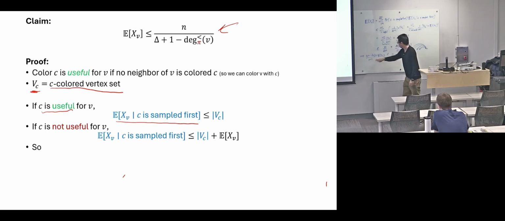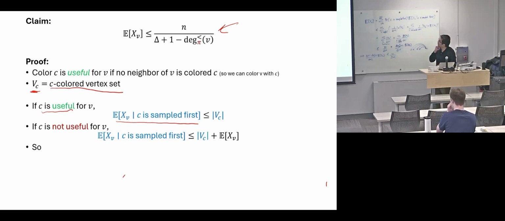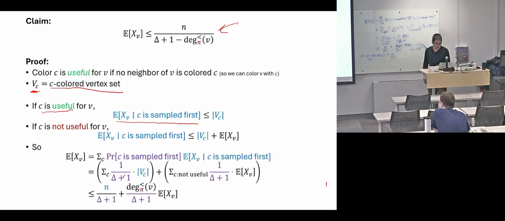And then I cancel this one, and move this to divide this thing. So we get the claim. All right. So that's the part that is not trivial.